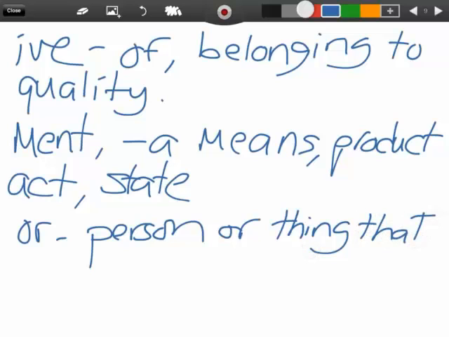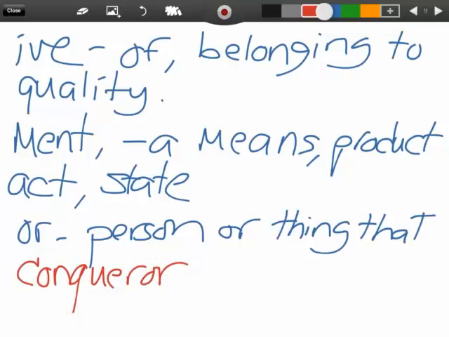For example, if I want to give you an example, I would say conqueror. Here is my suffix right here, and conquer means, as we all know, to win.